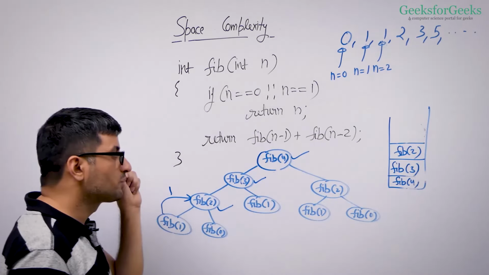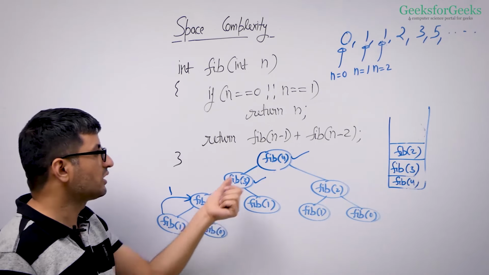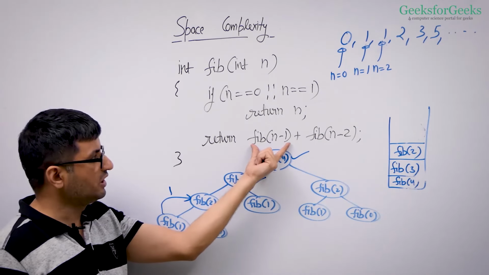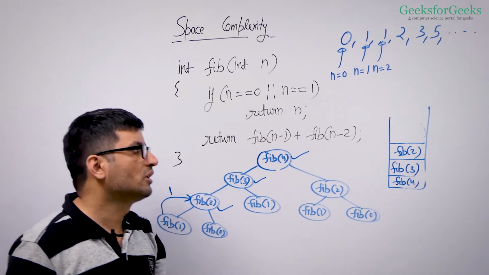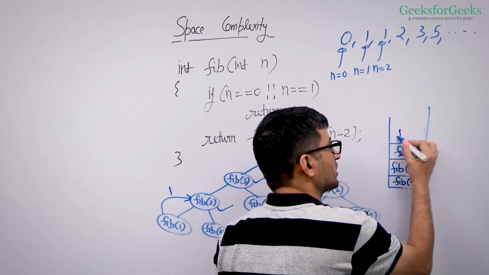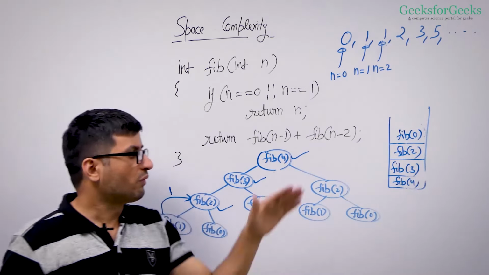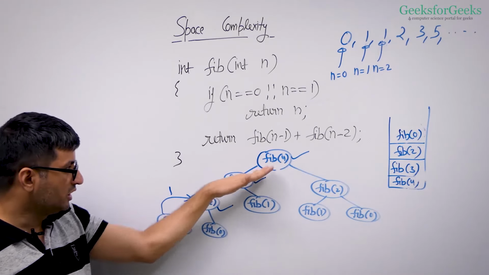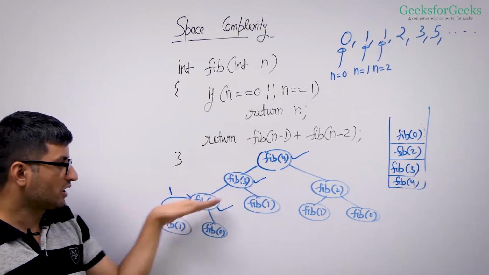Now control goes back to Fibonacci 2, which is already done with Fibonacci 1. Now it calls for Fibonacci 0. So Fibonacci 0 goes into the recursion call stack. And you can notice that before Fibonacci 0 was called, all these height things of the recursion call were there in the recursion call stack.